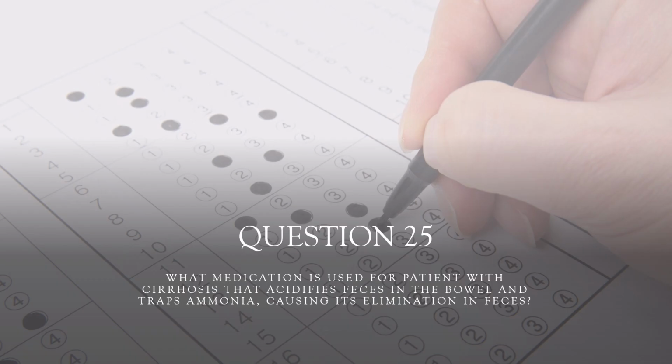That ammonia then builds up in the bloodstream, and the elevated levels can cross the blood brain barrier and affect the brain function. So this leads to hepatic encephalopathy. Lactulose helps to remove the ammonia through the GI tract.